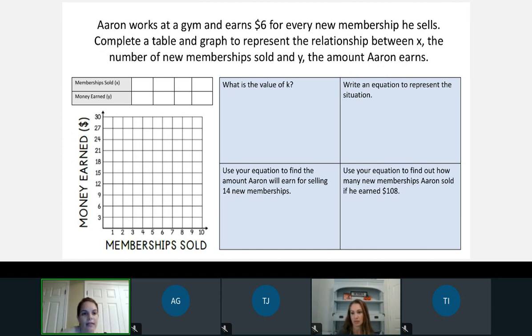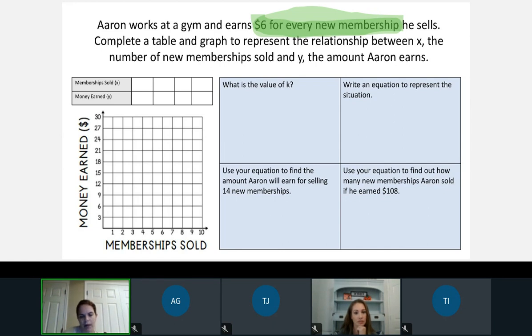We want to highlight things or underline things that are important. So Aaron works at a gym, $6 for every new membership. Every time he sells a new membership, he gets $6. So we also need to figure out, well, what do we use? You can put your last name if you want, sure. What do we use to represent new memberships?